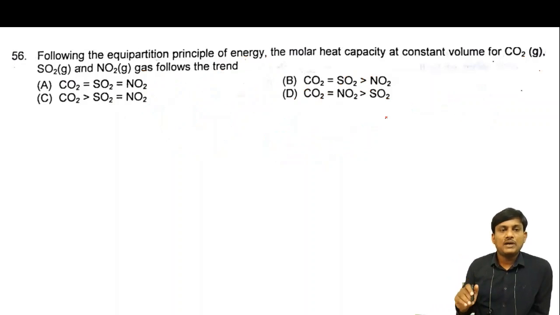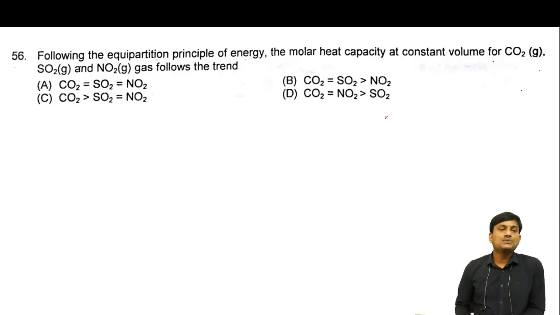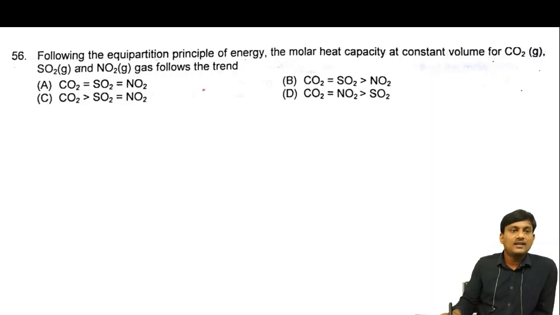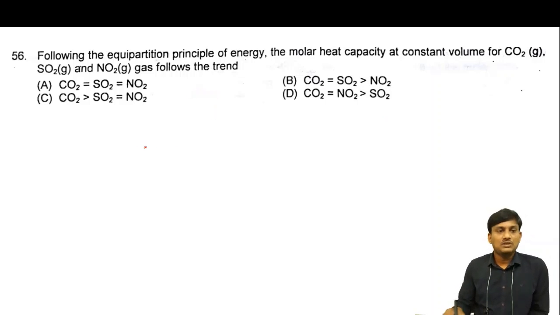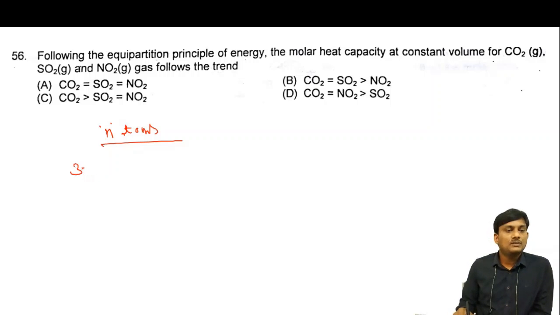Following the equipartition principle of energy, the molar heat capacity at constant volume for CO2, SO2, and NO2 gas follows the trend. What is the trend? Here, equipartition principle. Okay. Suppose if you take a molecule containing n atoms, then the degrees of freedom will be 3n.